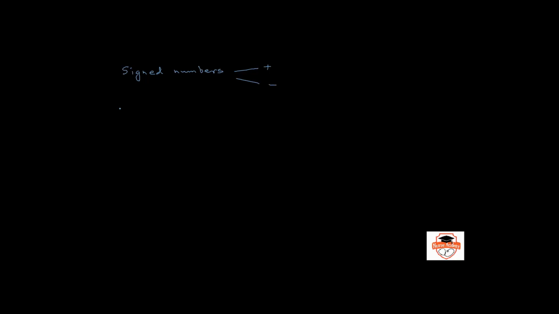And to do operations on signed numbers, rule number 1 is whenever you come across two signs, positive or negative, next to each other, combine them so that a plus with a plus gives you a plus, a double positive is a positive, double negative is a positive, but a positive followed by a negative is a negative, and a negative followed by a positive is also a negative.